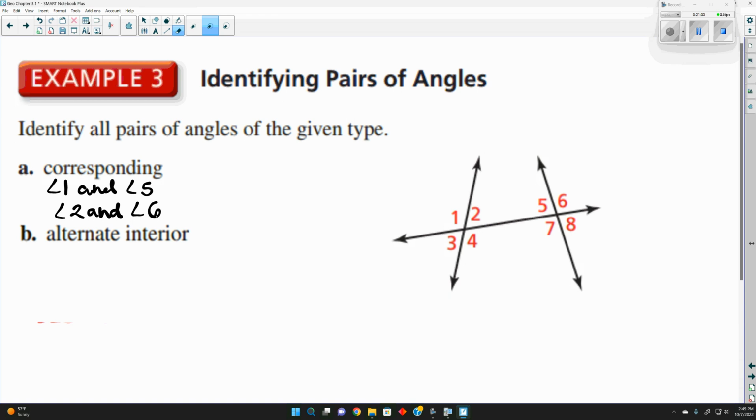Because we're going to list all of them. Angle 3 is below the line and to the left, yes? So the corresponding angle that's below the line and to the left is 7. So to the bottom and front. Questions on corresponding?